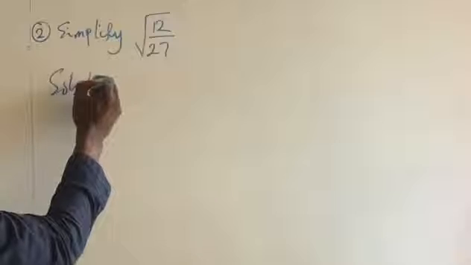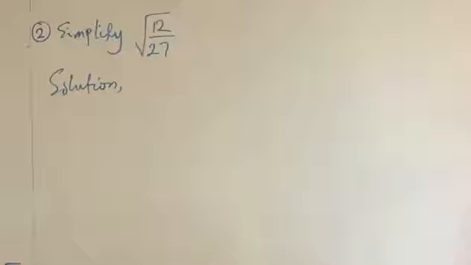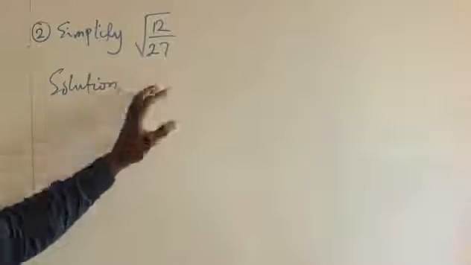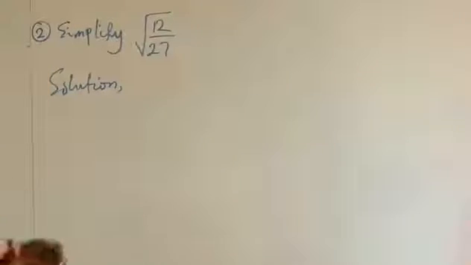Question number 2 says simplify square root of 12 all over 27. To do this, we have 2 ways of solving this. You can solve it directly, or you can use the division law of Surds to solve it.